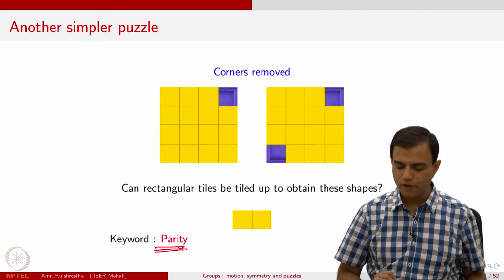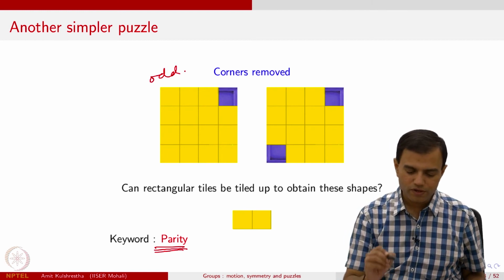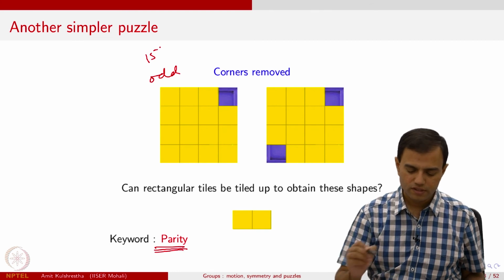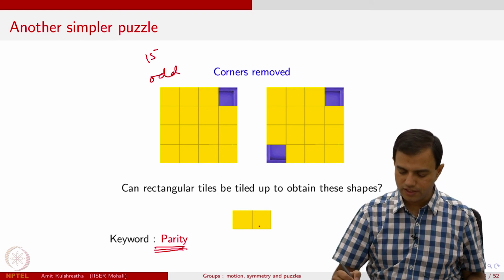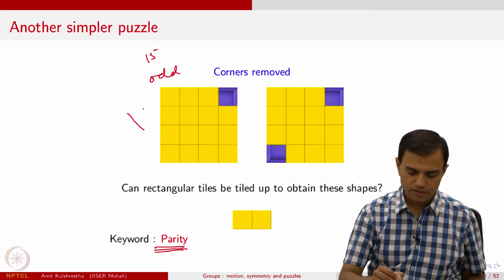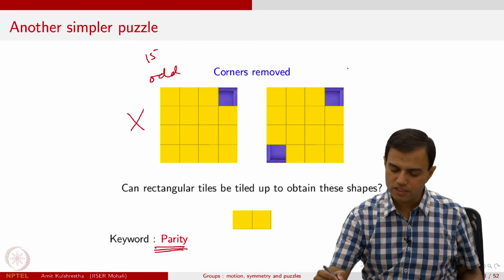As you can easily observe, this has an odd number of tiles, 15 is odd. So certainly you cannot tile this using these, which are 2. So you are using some odd. What about this?